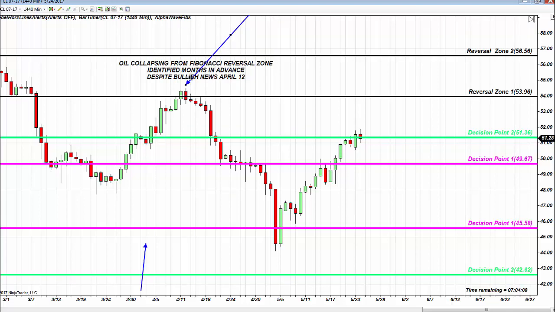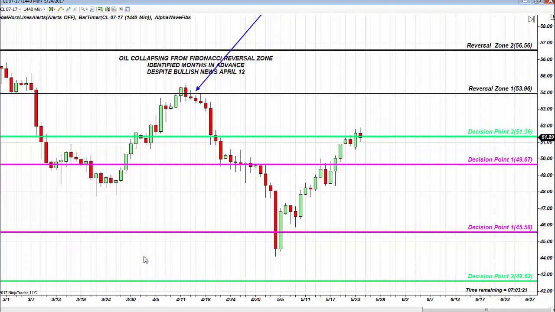This is the Fibonacci reversal zone that shows you this is where the market will reverse. In this particular example, as you can browse the YouTube channel, and we will take a look at that later, levels were projected in advance, levels identified well before the news, had been shown to you.